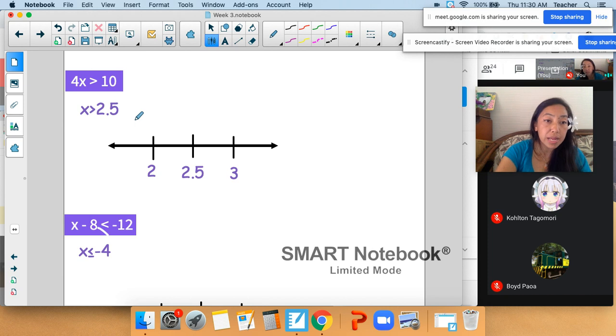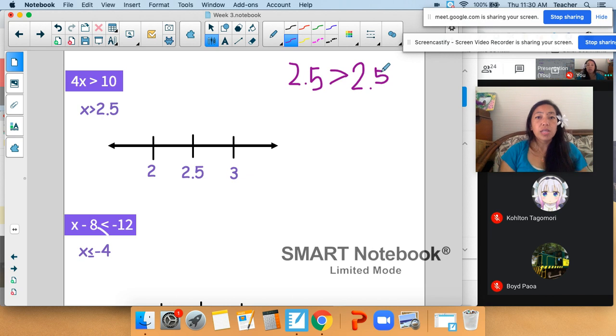To graph it, because this one is greater than, think about it. If I plugged in 2.5 for x, is 2.5 greater than 2.5? The answer is no, it's not greater than, it's the same.